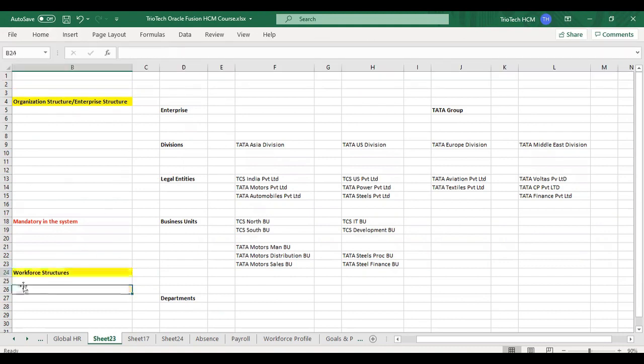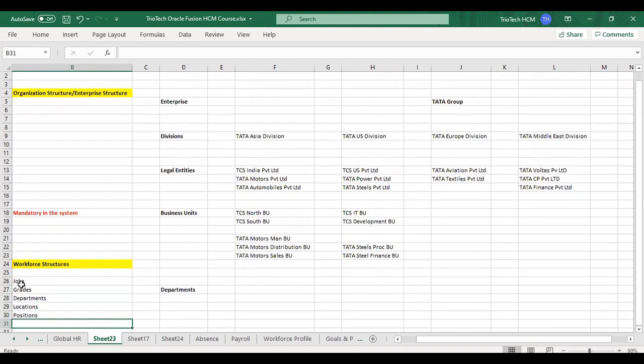In the workforce structures, we have 5 concepts. They are jobs, grades, departments, locations, and positions. So these are the 5 concepts that we will have in the workforce structures.